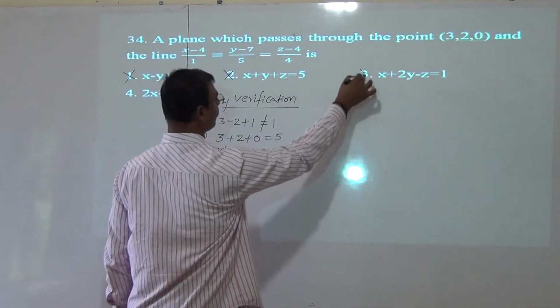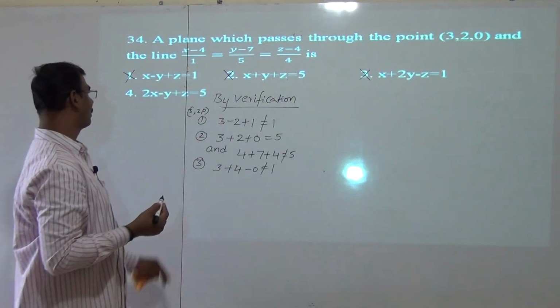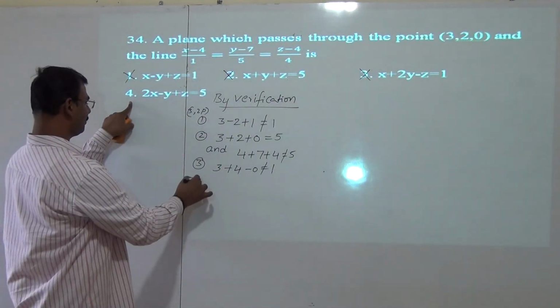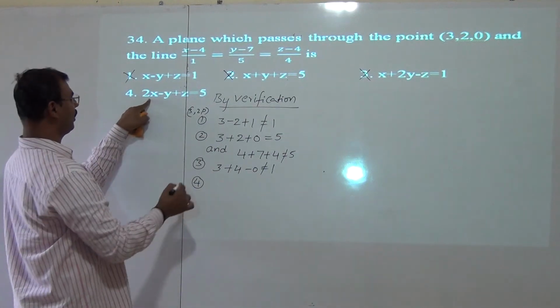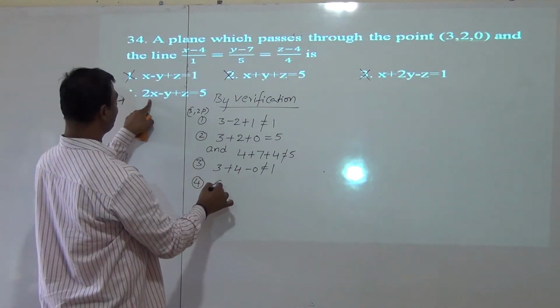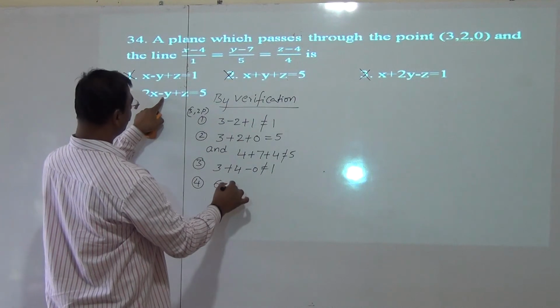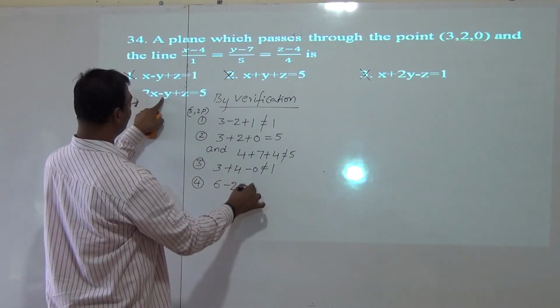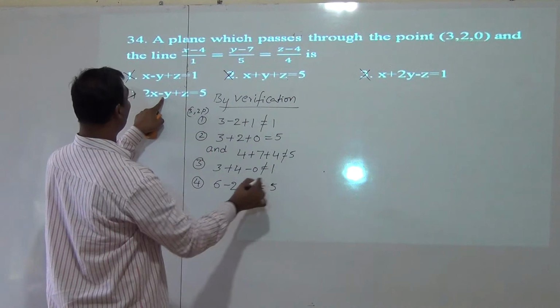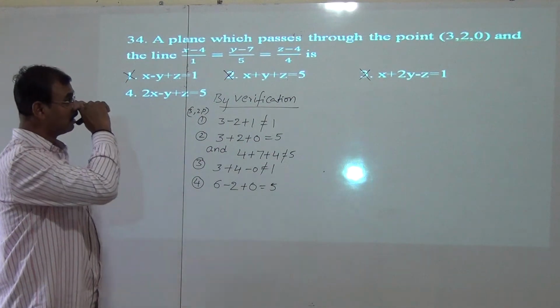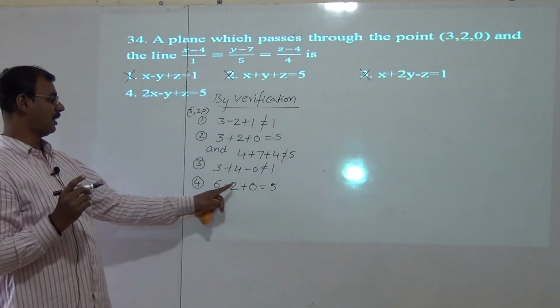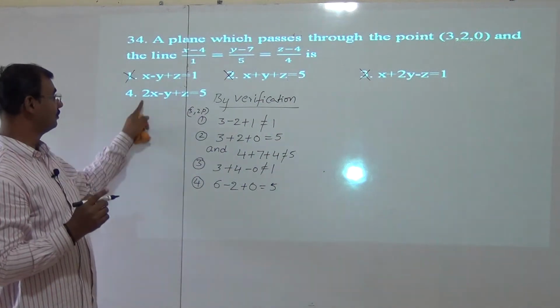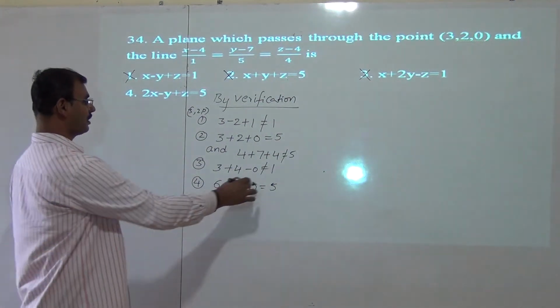Leave this one. What is the fourth option? Option number 4, substitute the point: 2 into 3 is 6, minus 2 plus 0 is equal to 5. 6 minus 2 plus 0 is not 5, so this is also not satisfied.